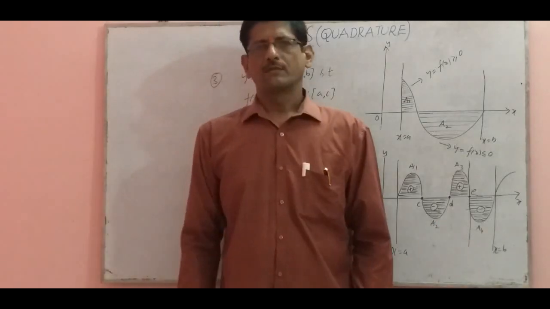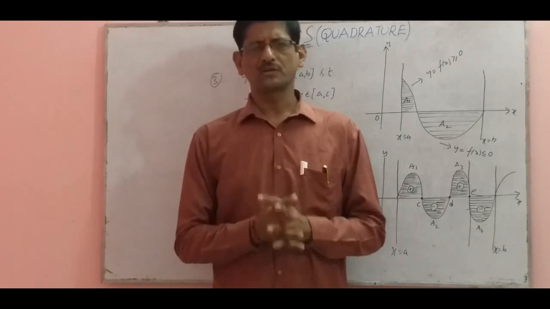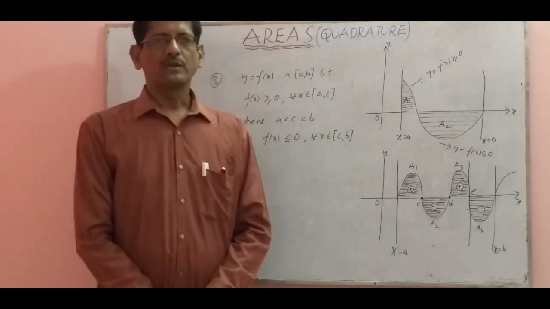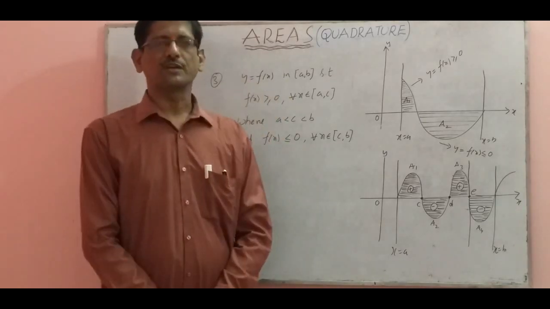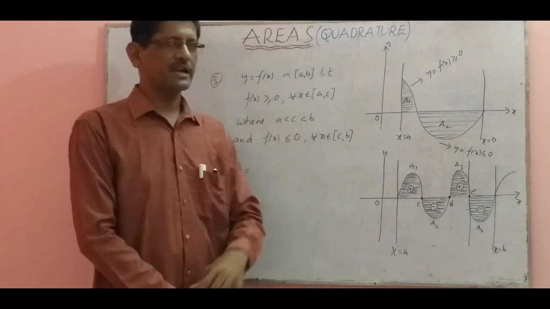Okay, the determination of areas. The third point is the most important point. What is that point? y is equal to f of x is a continuous curve in closed interval a comma b such that f of x greater than or equal to 0.